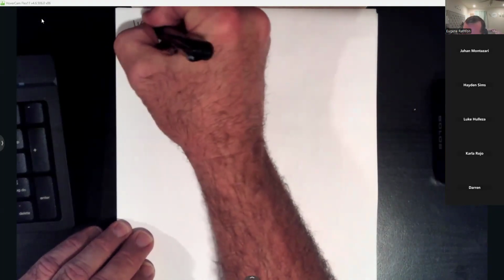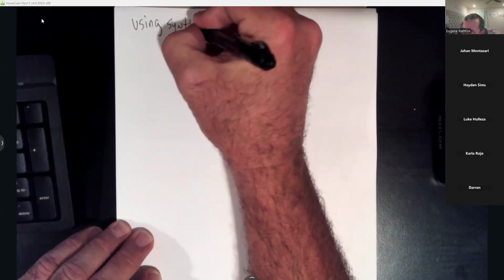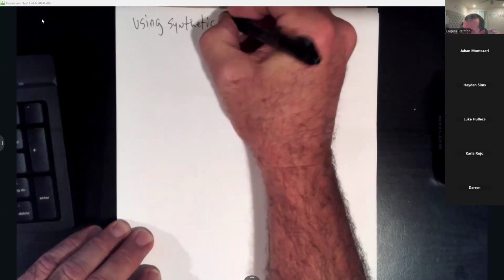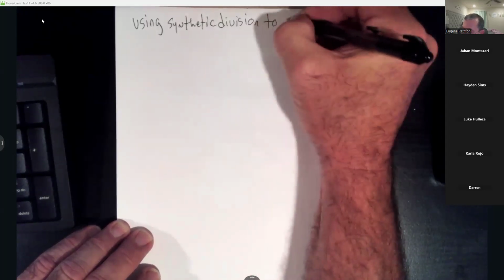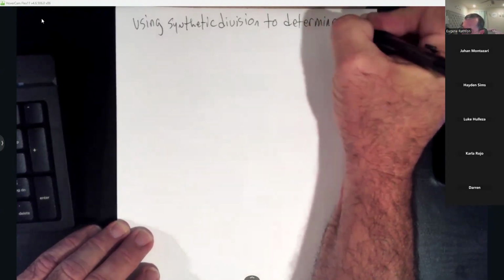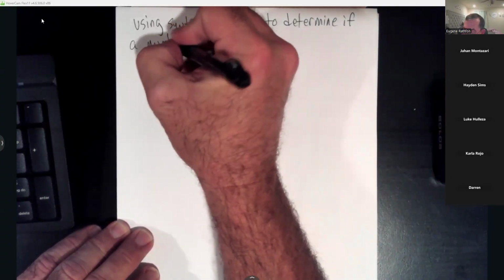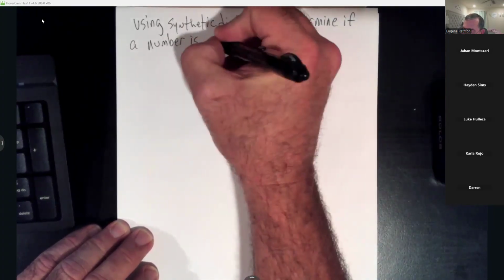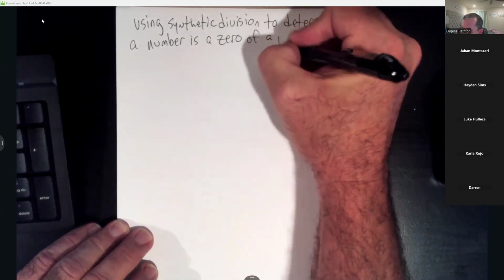Using synthetic division to determine if a number is a zero of a polynomial.